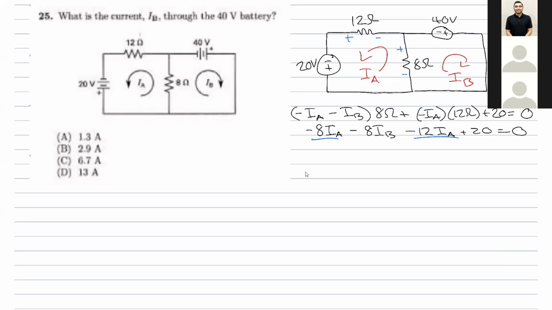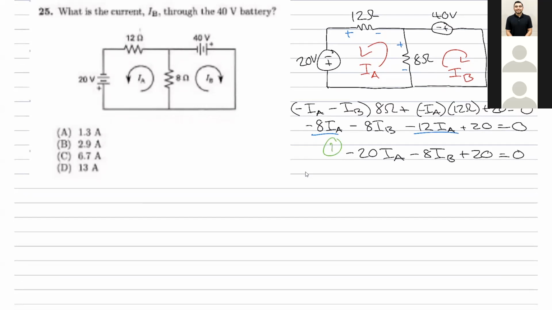We're going to throw those together and we're going to get negative 20 IA minus 8 IB plus 20 equals 0. Okay, that is equation 1. All right, put that to the side. Let's do the other loop real quick.